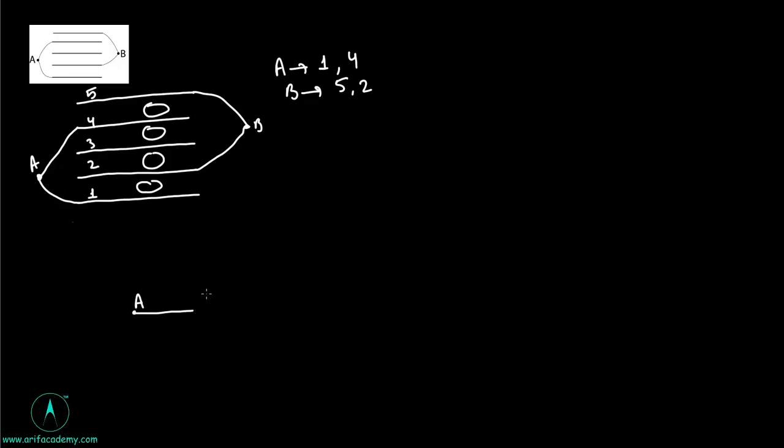This is A. It is connected to plate number 1 and 4, and 1 makes a capacitor with 2, and 2 is connected to B. So I will make it B here, and 4 makes a capacitor with 5, and 5 is also connected to B. So we can make it like this.